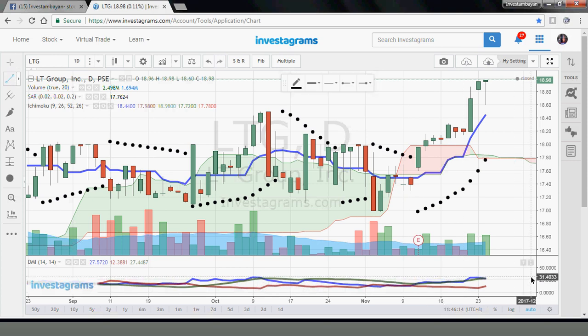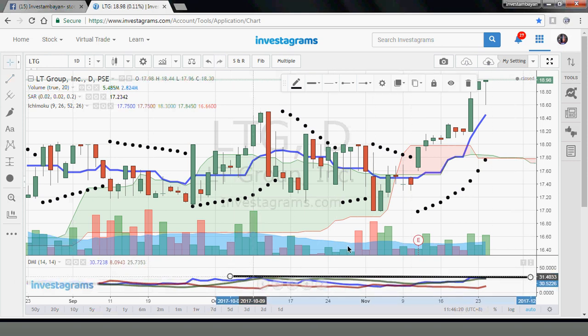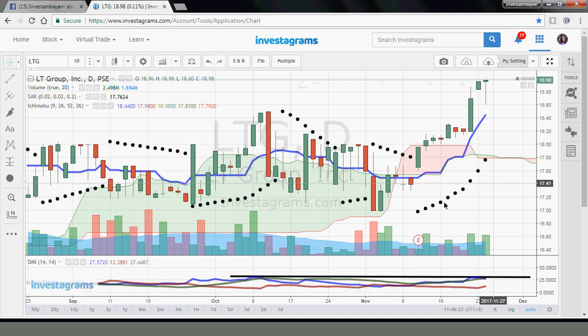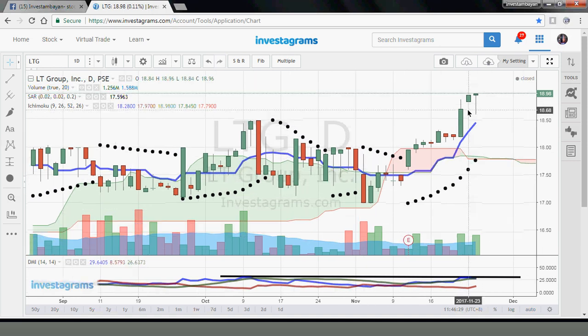LTG, check natin. Uptrend siya pero nagdi-diminish na yung trend niya. Nagdi-diminish. I want it to pull back konti and then yung reversal, doon kayo papasok.